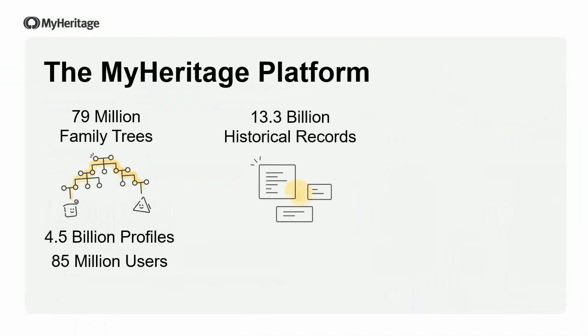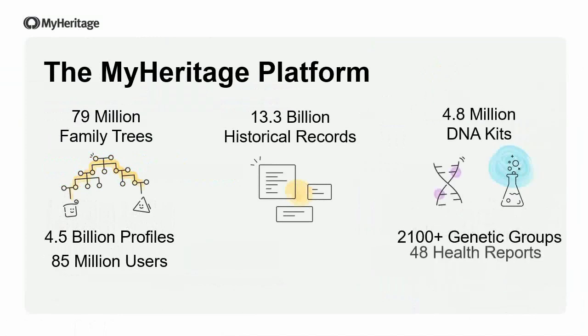That number grows almost every week because MyHeritage doesn't rest to bring you more and more records every time we can. But we also have DNA tests for genealogy, and our database has 4.8 million of those DNA kits.